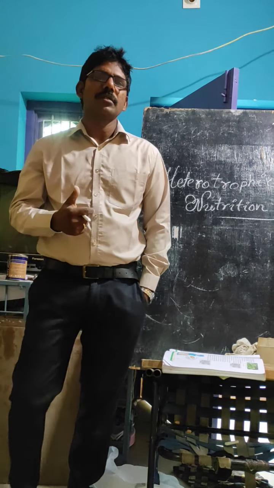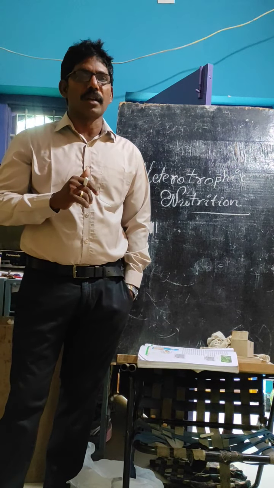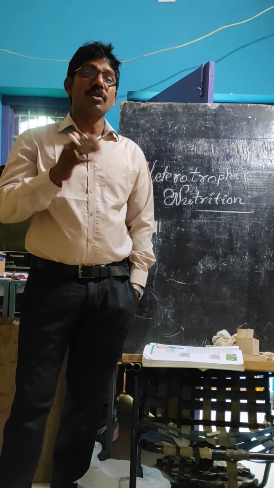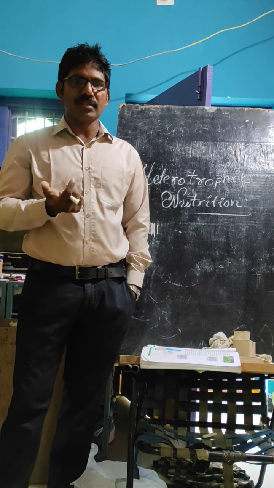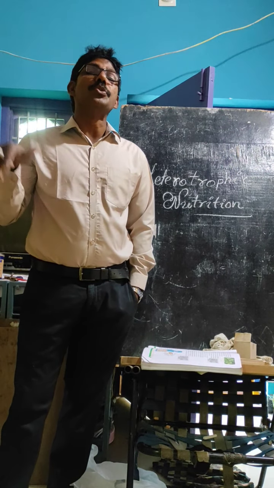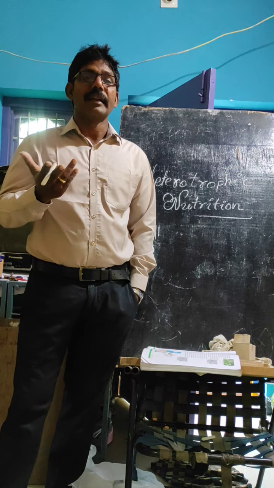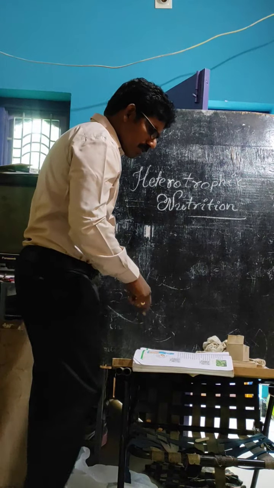Some are living in water, some in deserts, some in polar regions. So based on the availability of food material, their habitat and their nutritional habits, they take different types of food materials.